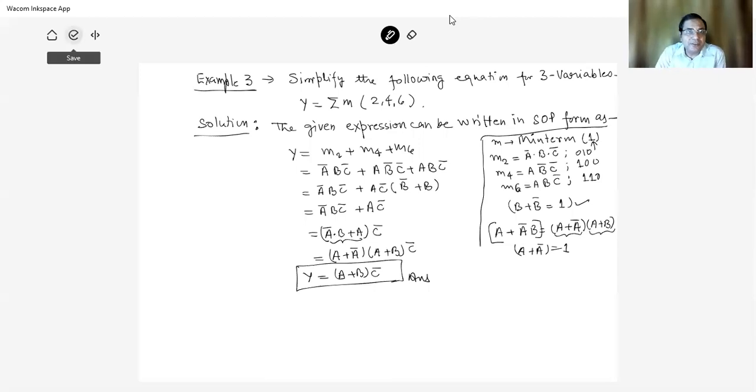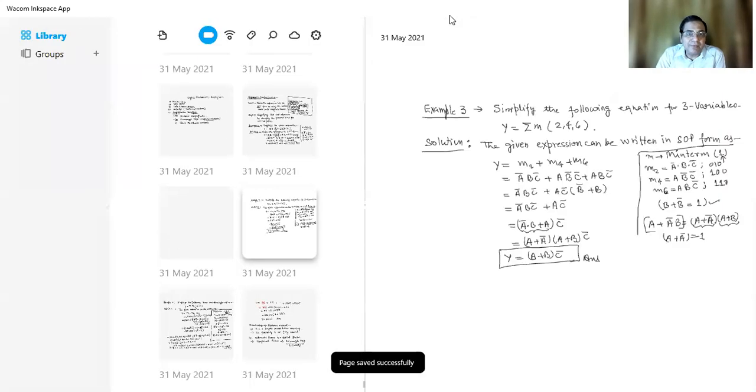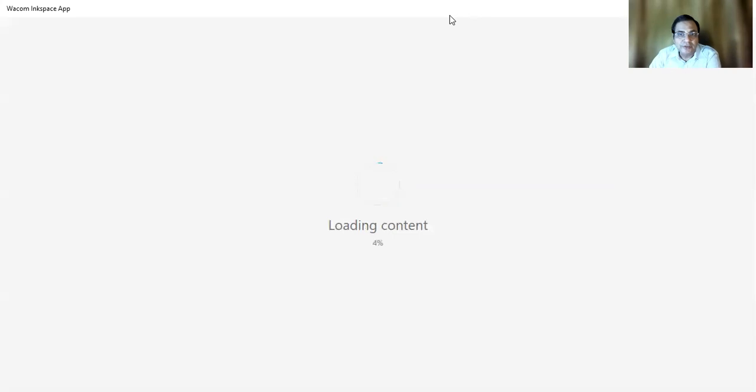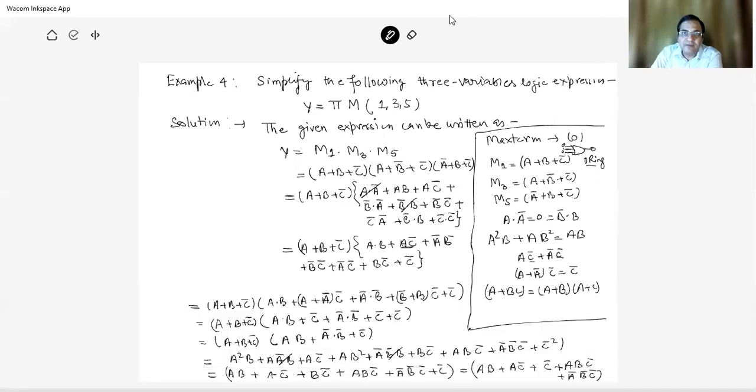Now, the fourth example we consider for the max term, and the max term can be expressed in the multiplicative form. This is considered as example 4. This example is: simplify the following three variables logic expression.